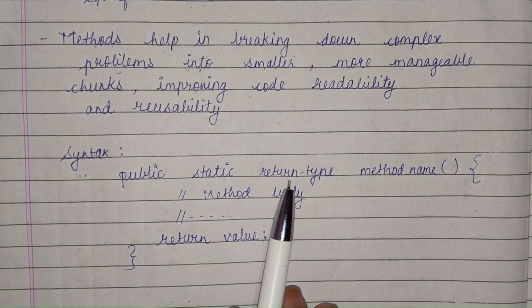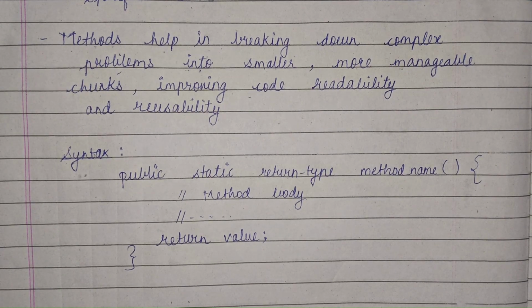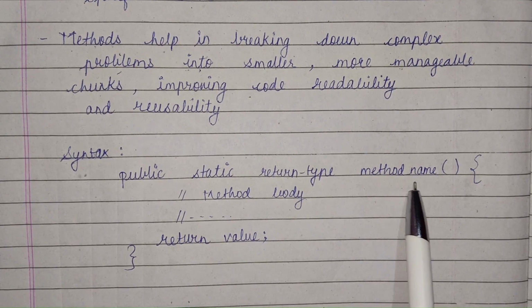The return type might be void, integer, float, character, string, etc. And we have to give a name for the method.